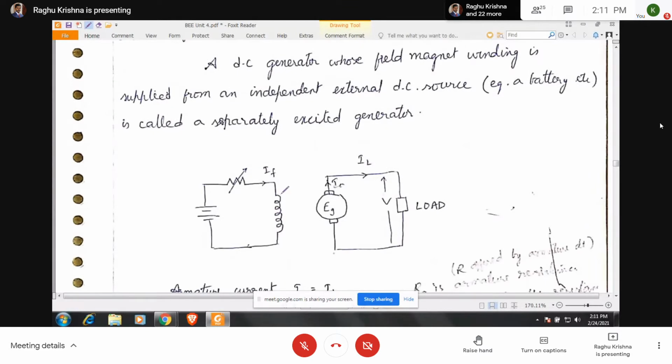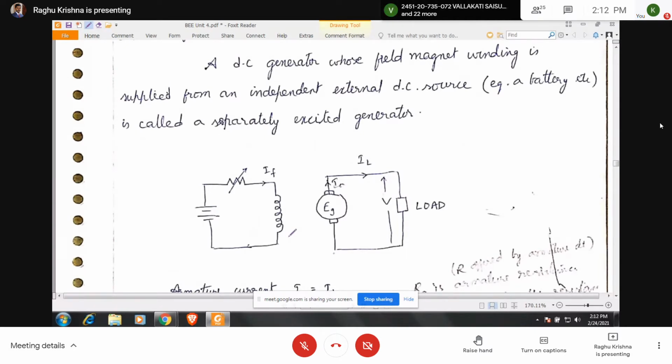Here, this is the field winding. Excitation means passing current through the field winding. If you pass current through this field winding using a separate DC voltage source, it is called separately excited.